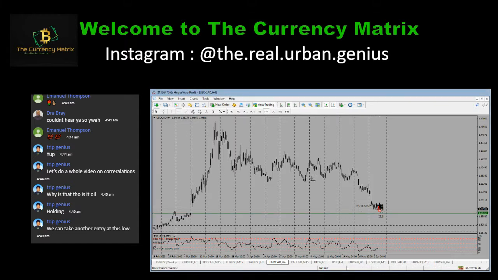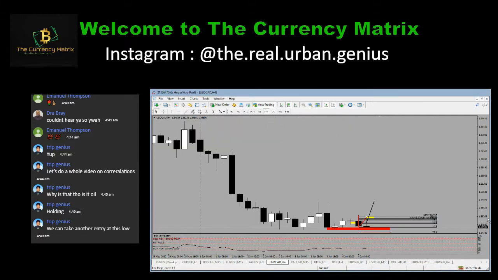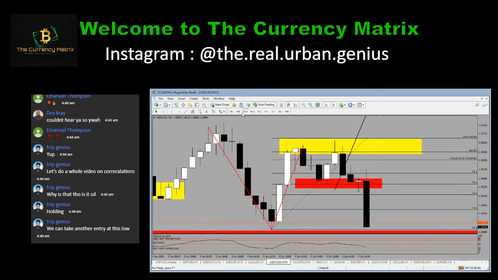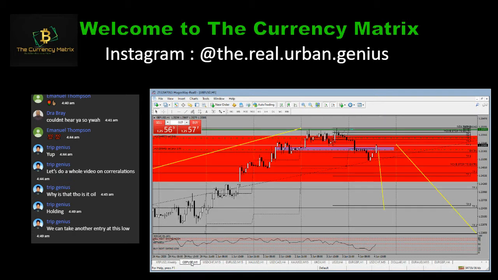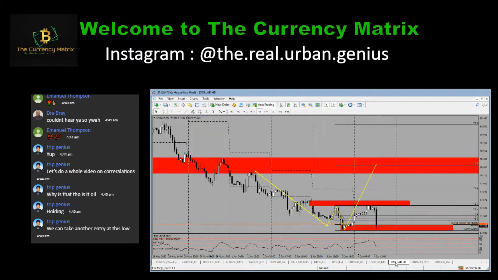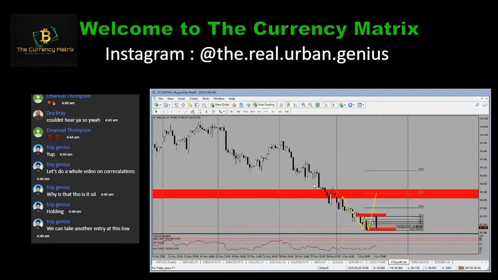TP7 would actually be clearing the whole gap, which is a high probability when you zoom out and look at it like this. Here on the 4-hour chart, I still see opportunity for incline on the dollar.